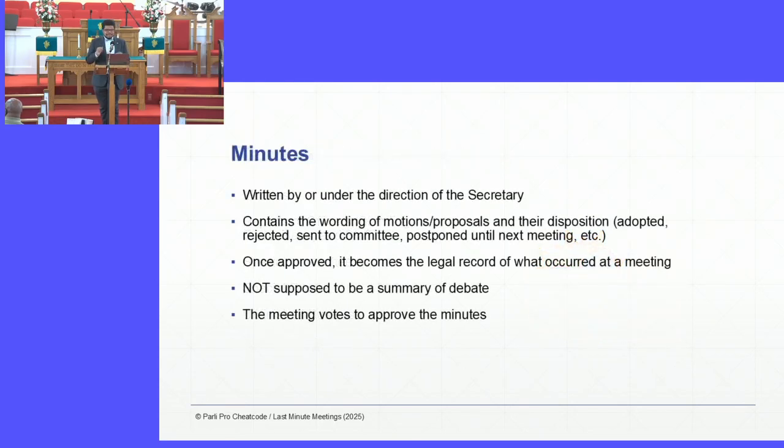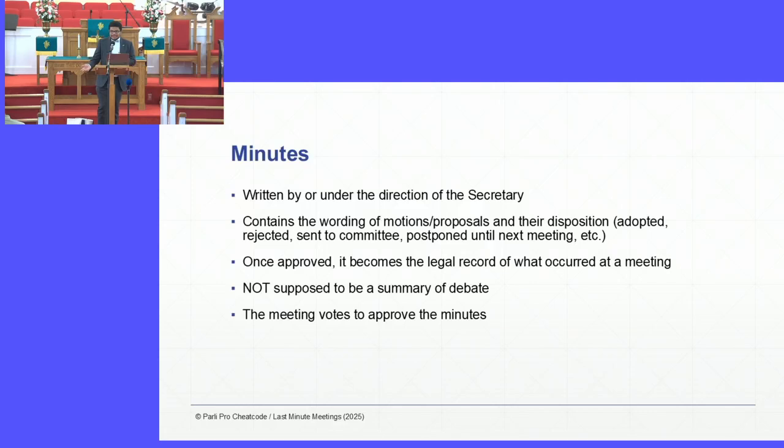The first item, minutes. So the first thing you do is the reading and approval of the minutes of the previous meeting. And so minutes are a record of what occurred at your meeting. And the idea is, remember, minutes are supposed to be a summary of what was done, not what was said. It's supposed to be the group's endorsement of, okay, these are the actions that we took at this meeting.